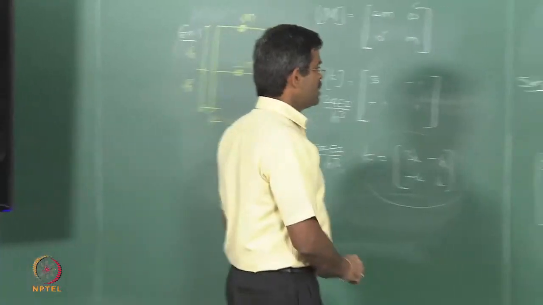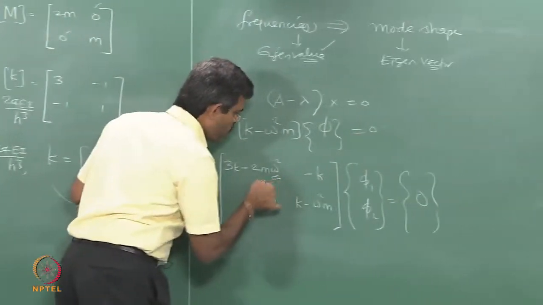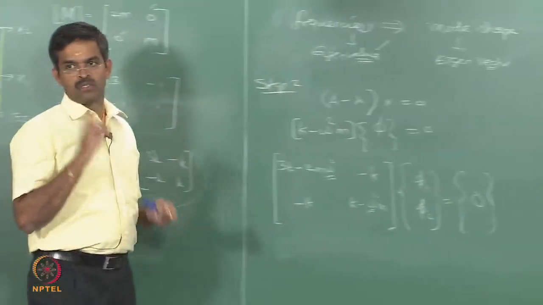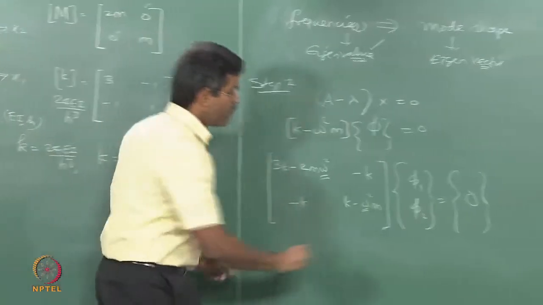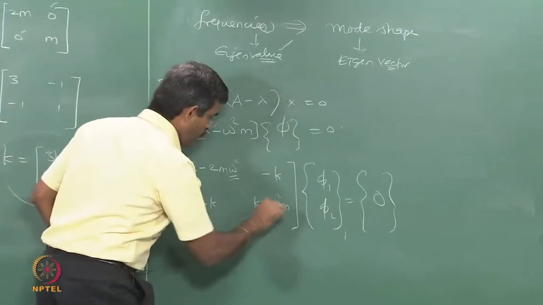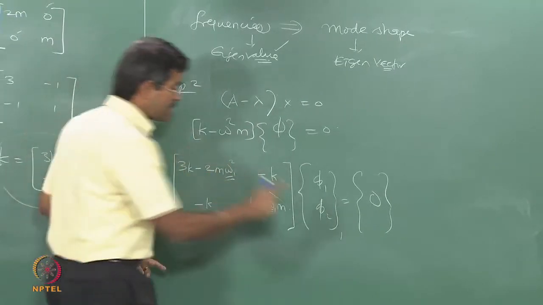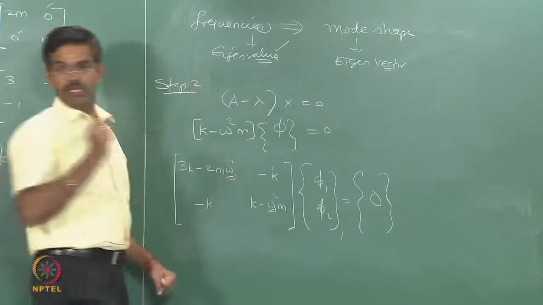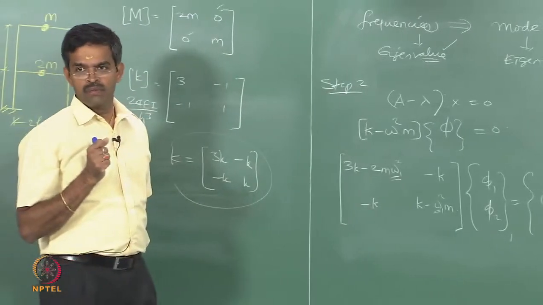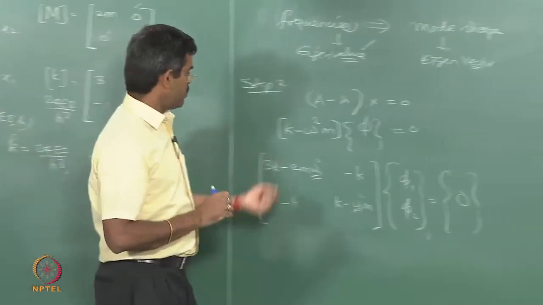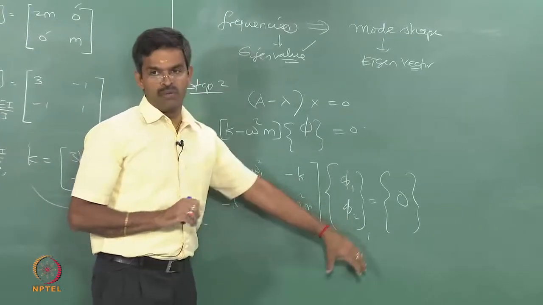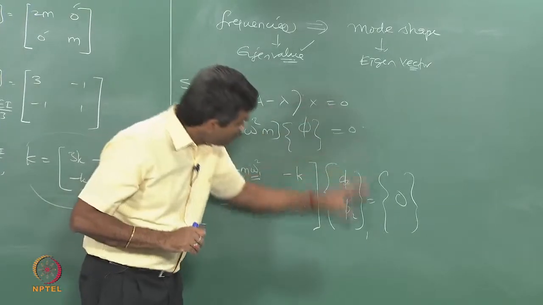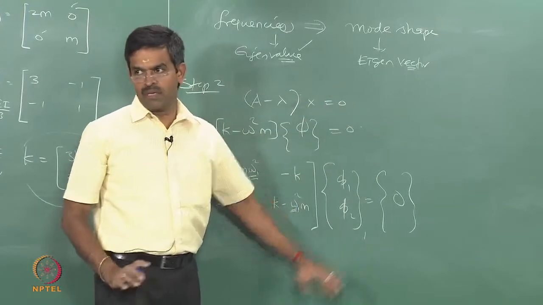Now, remember in this equation you have the value of omega. So, if you really wanted to find the first vector, substitute omega 1 here. You want to find the second vector, substitute omega 2 here. Okay. So, I want to first substitute omega 1 and get phi 1. Phi 1 means not this phi 1, capital phi 1, first vector I want to get.